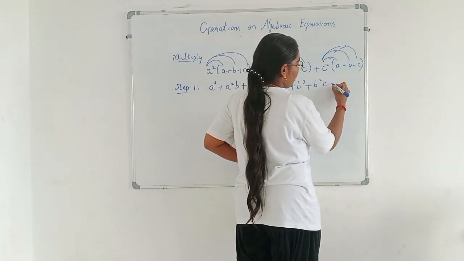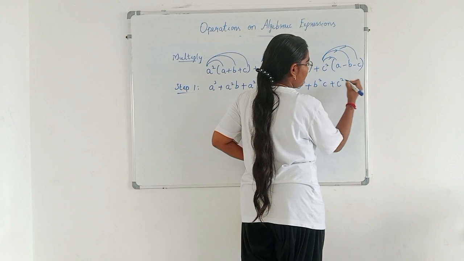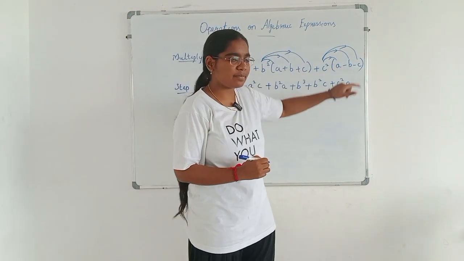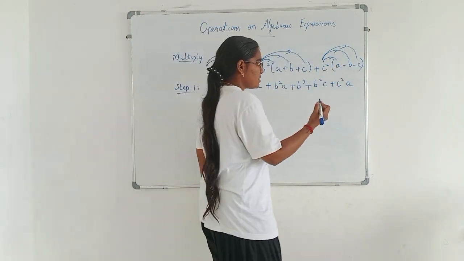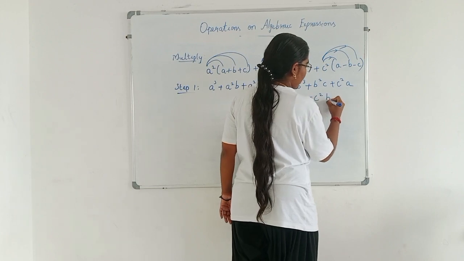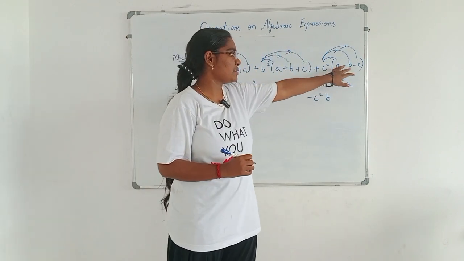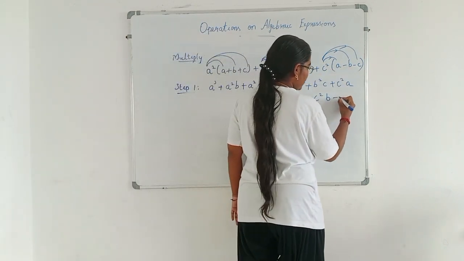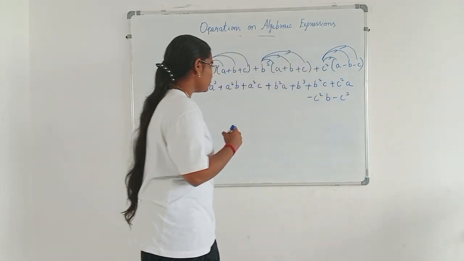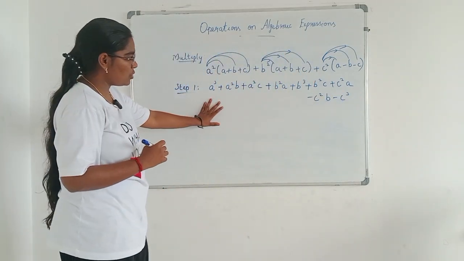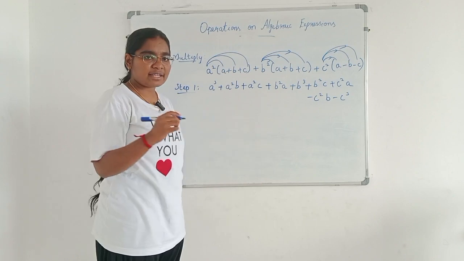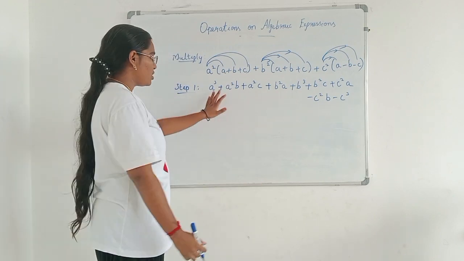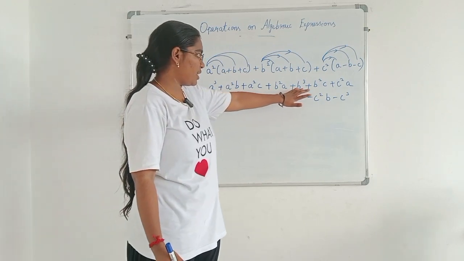Okay, next c square a, c square a. This is plus, this is minus. So plus into minus, minus c square b. Next this is plus, this is minus. So minus c cube. Okay. Now we have to check whether there are any like terms. So here a cube.